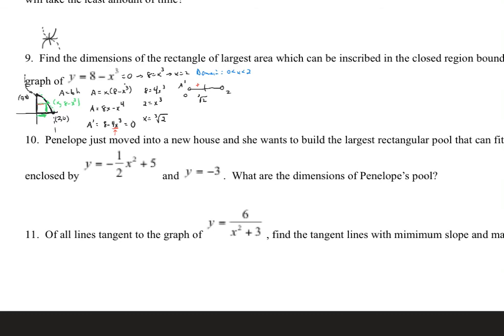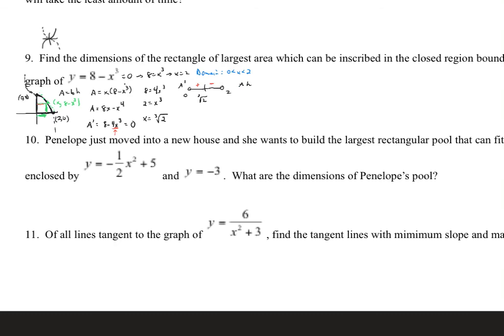So as we move to the right of the cube root of 2, this 4x cubed will be bigger than 8, so their difference will become negative. And now we're back to familiar territory. We're going to make the argument that this is the absolute maximum.